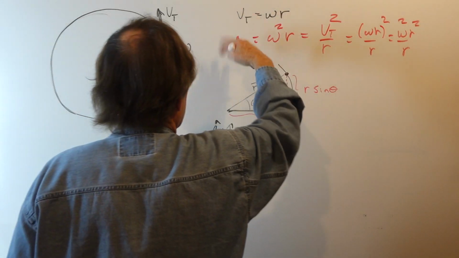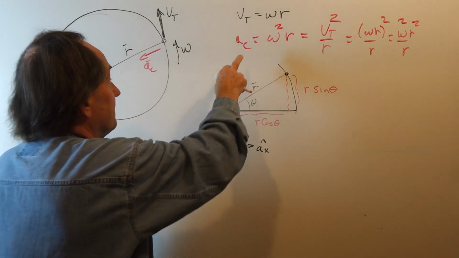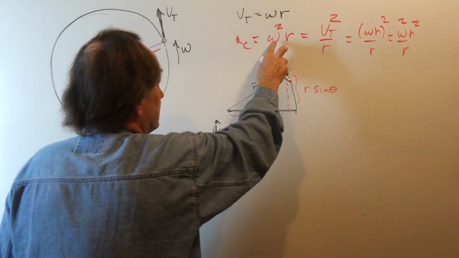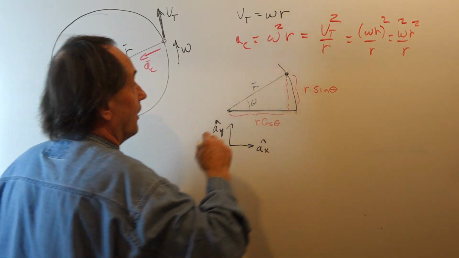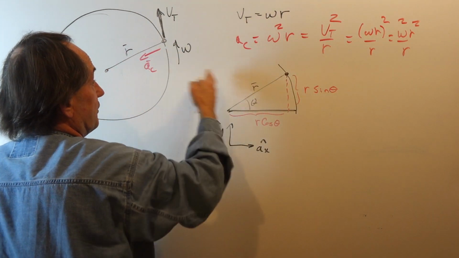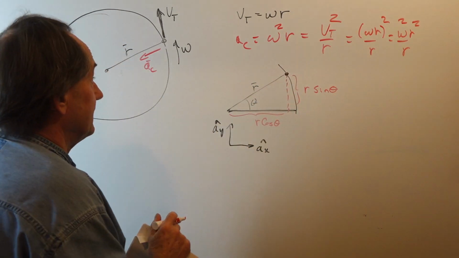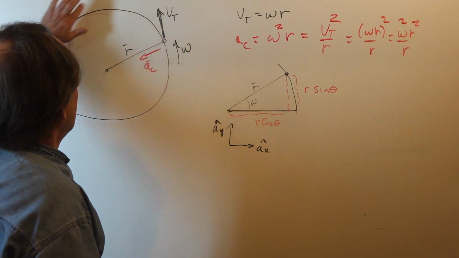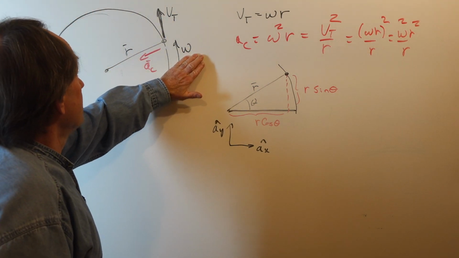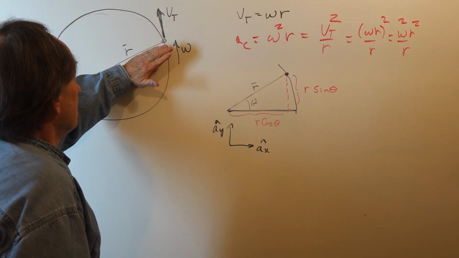So these are the relationships. The magnitude of the centripetal acceleration is the angular velocity squared times the distance out, or the tangential velocity squared divided by the radius.